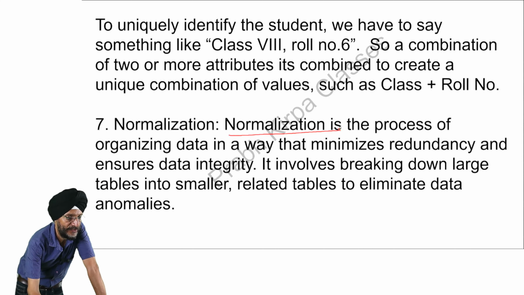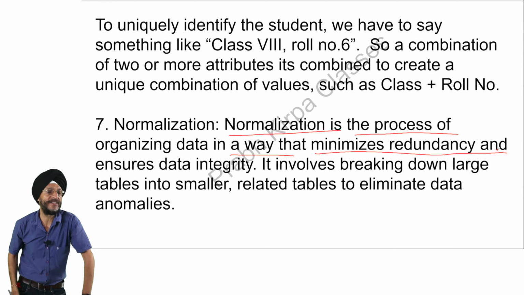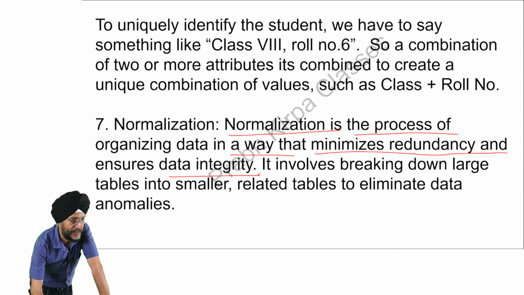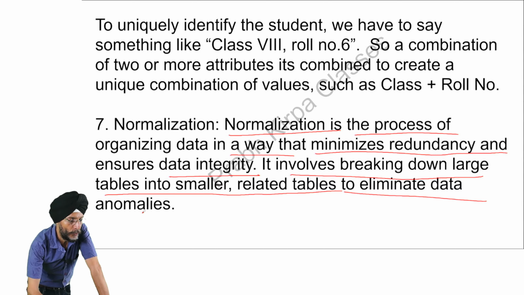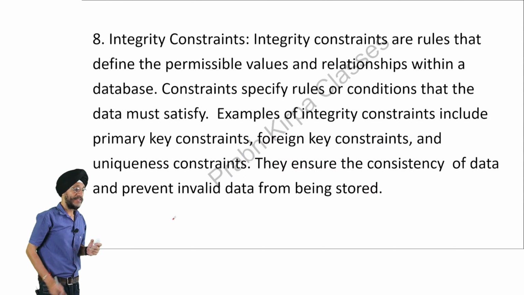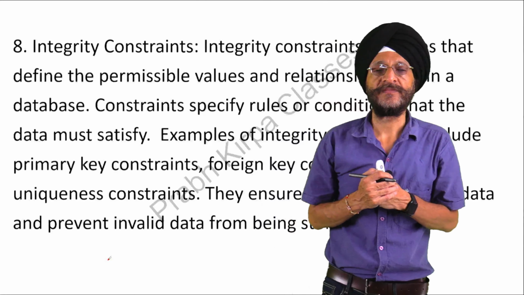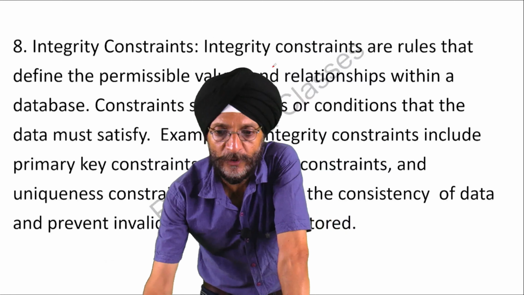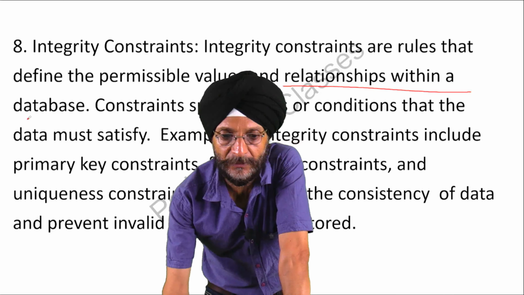Next is normalization. It is the process of organizing data in a way that minimizes redundancy. Redundancy means duplicacy. It ensures data integrity. It involves breaking down large tables into smaller related tables to eliminate data anomalies. Next is integrity constraints. Integrity constraints are rules that define permissible values and relationships within a database.